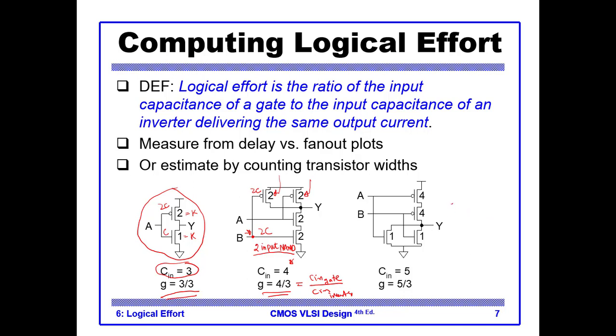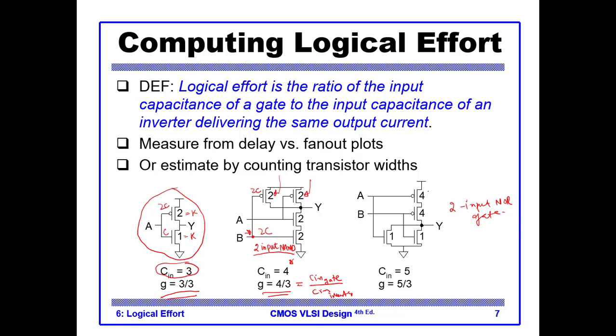Now let's come to the 2-input NOR gate. The 2-input NOR gate has the pull down network of NMOS in parallel. That's why the size does not change compared to a unit inverter. But the PMOSs are in series. That's why the sizes are double the size of PMOS used in a unit size inverter.